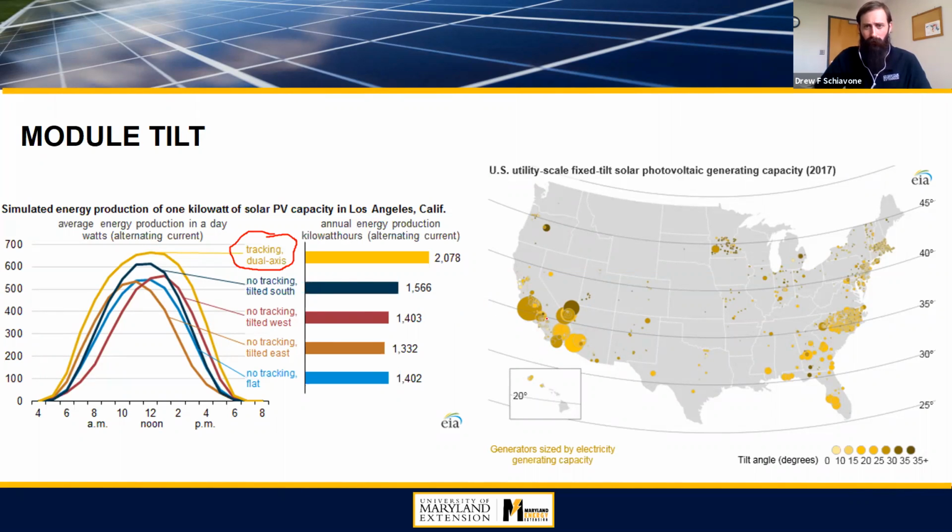Some of them aren't at the angle you'd expect, and they still have quite a bit of efficiency. Of course, in lower latitudes, like in Florida, you're going to be closer to 25 to 30 degrees. But we're up here in Maryland, on that state line with Pennsylvania, where we're getting close to 40-degree latitude. So just make sure you're somewhere around that range.